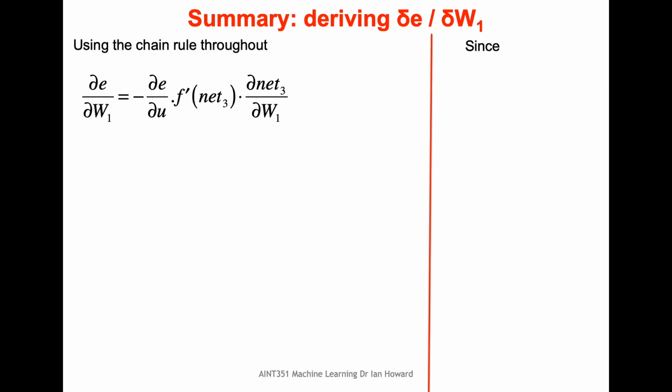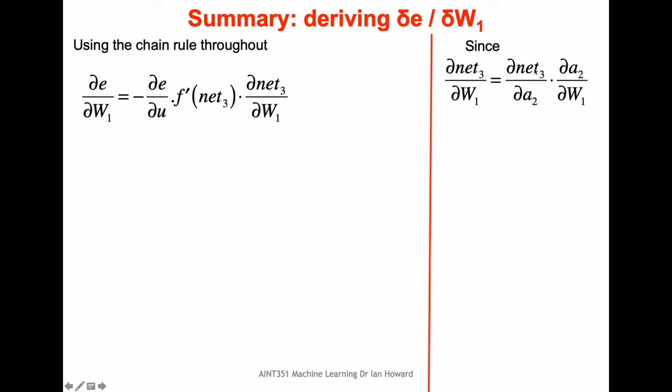Again, using the chain rule, we're going to now attack the term dnet3/dW1, and in this case we notice that net3 basically has an intermediate variable below it, which is the activation from the lower level.